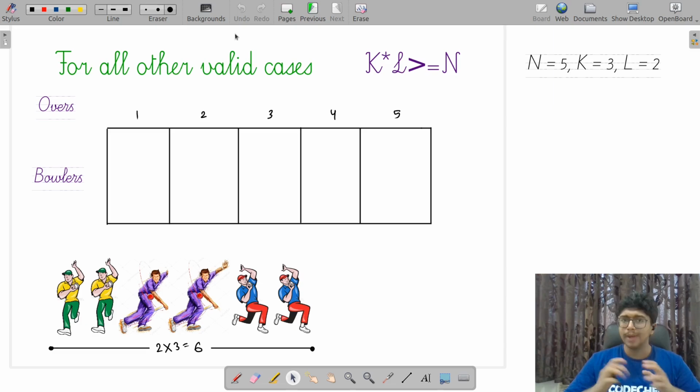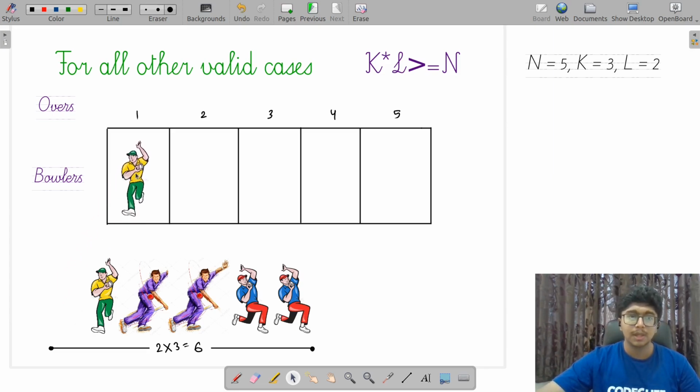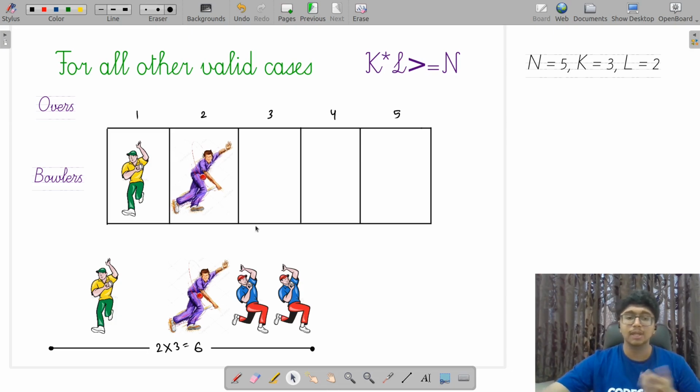What we can do, one way is, say for example the value of n is 5. So I have 5 overs. Now the value of k is 3, which means I have 3 different bowlers, and the value of l is 2, which means each bowler can bowl a maximum of 2 overs. Now, one way we can do is, we assign the first over to the first bowler, the second over to the second bowler, since the first bowler cannot bowl 2 consecutive overs.